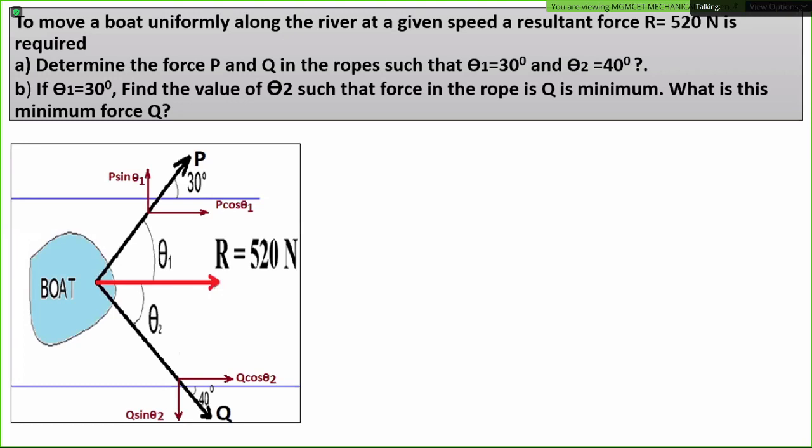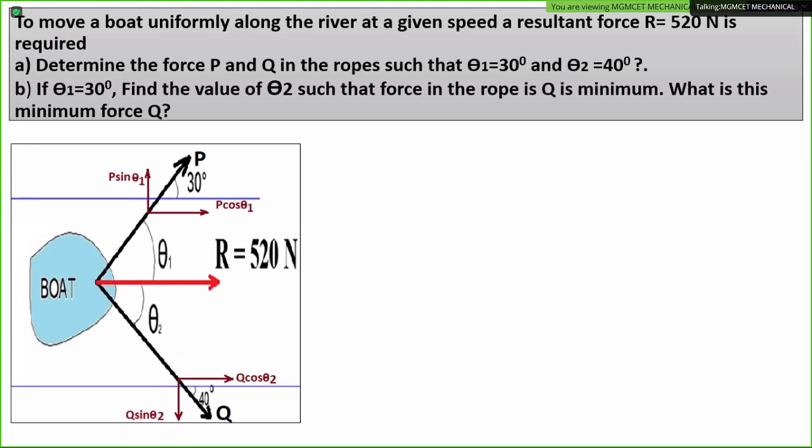अब मुझे बताओ यहाँ पे what is the x component of the resultant and y component of the resultant. Resultant दिख रहा है सबको? R. Sir, x component 520 Newton and y component 0. Yes. So x component of the resultant is 520 Newton and y component is 0. Or can I say summation of fx is equal to 520?